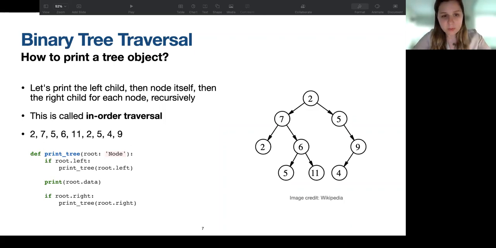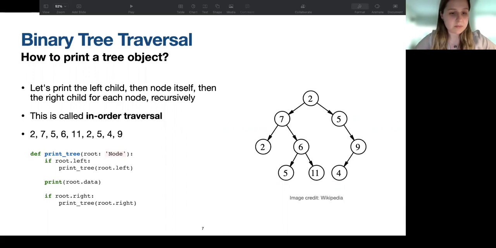Once we're all done with the left subtree, we can print the data from the root, and then we repeat the procedure for the right child, for the right subtree.